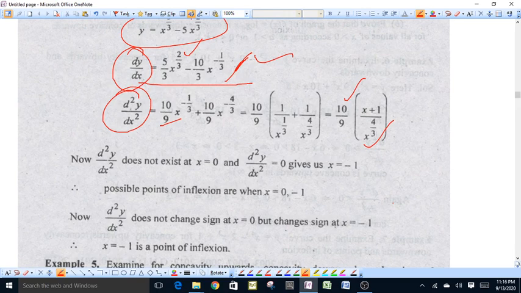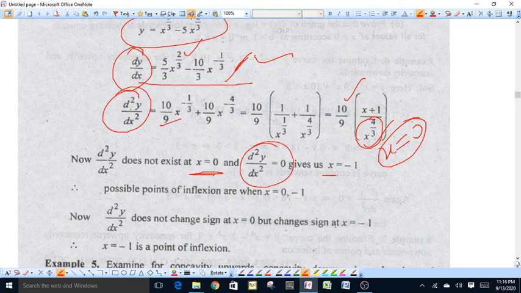Clearly, in denominator we have x raised to power 4 by 3, and denominator will be equal to 0 when x equal to 0. That means d2y upon dx square does not exist at x equal to 0, and d2y upon dx square is equal to 0 means x is equal to minus 1. The possible points of inflection may be x equal to 0, x equal to minus 1.